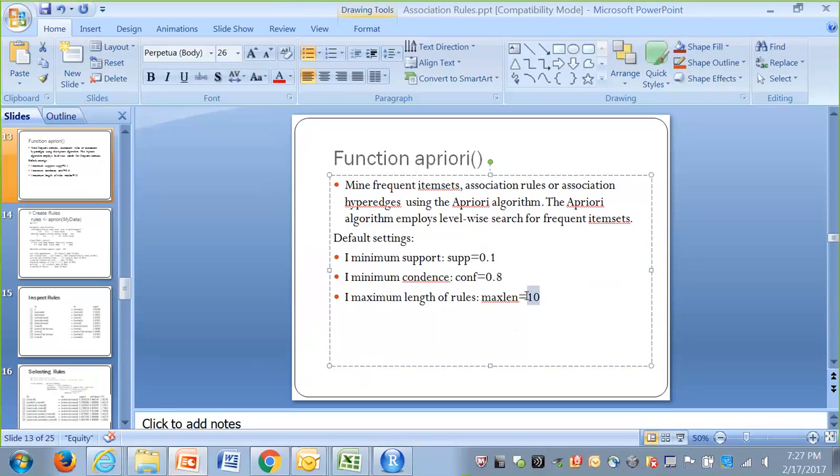And what we mean by max length is the number of items in a particular rule. So you can go up to 10 levels. If you had 4 columns, the maximum would be 4. But you can go up to 10. If you had 10 variables in that data set, you could get up to 10 variables all concatenated, creating a rule out of that.